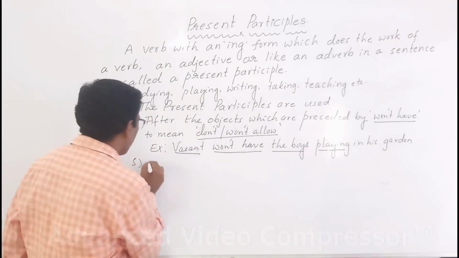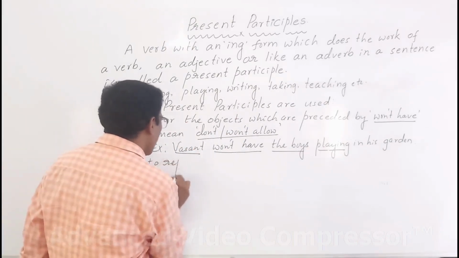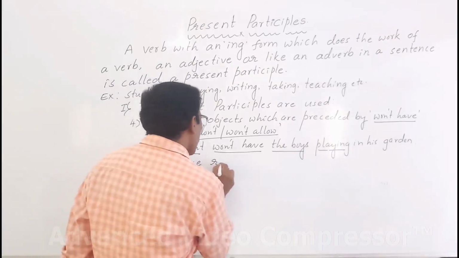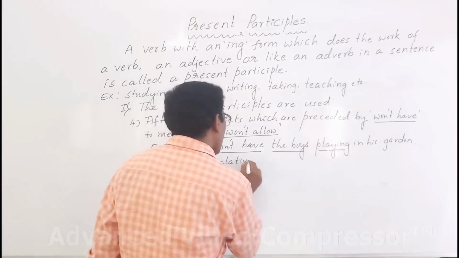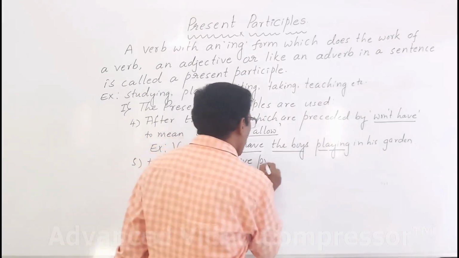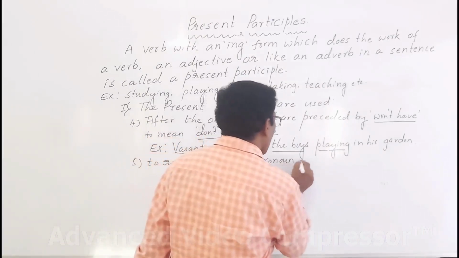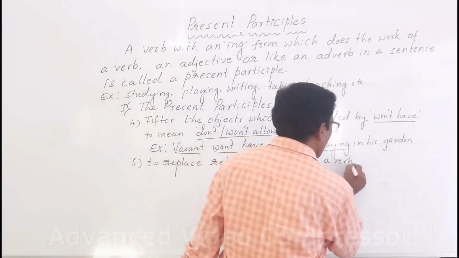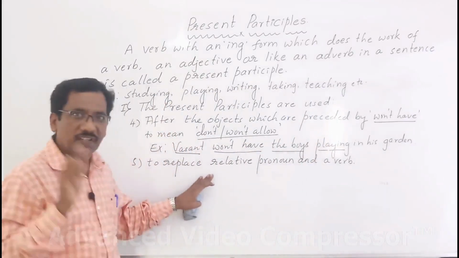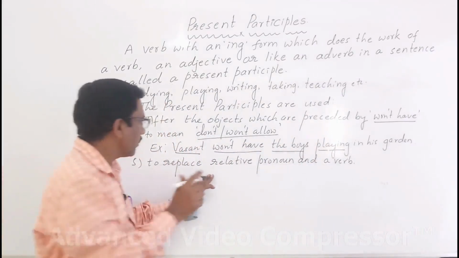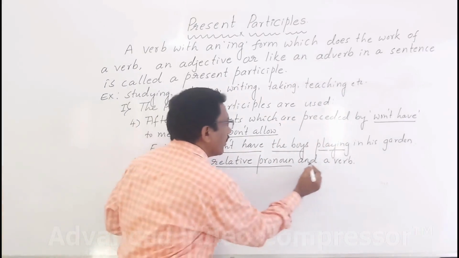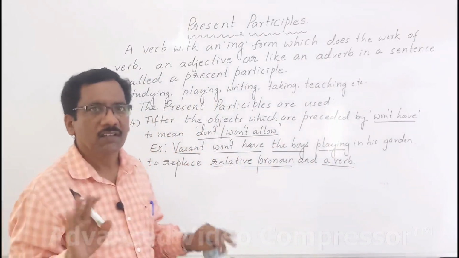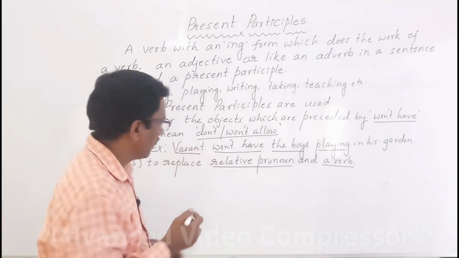To replace, please remember, to replace a relative pronoun and a verb. Come on. A present participle is used to replace a relative pronoun and a verb. I'll give you one simple example so it will be clear.